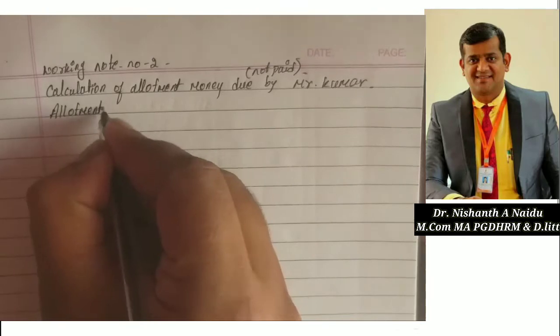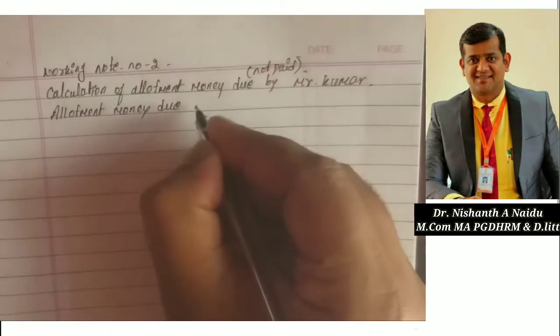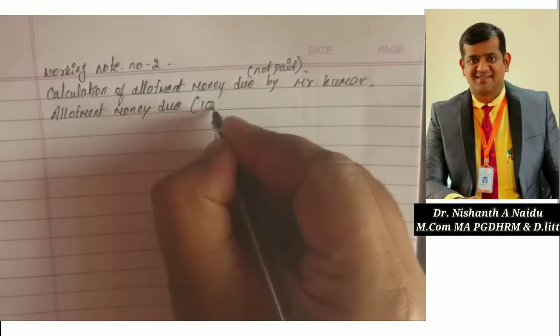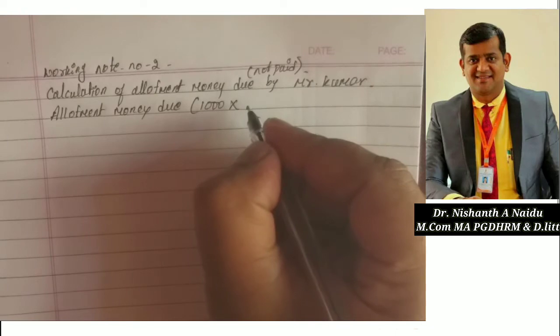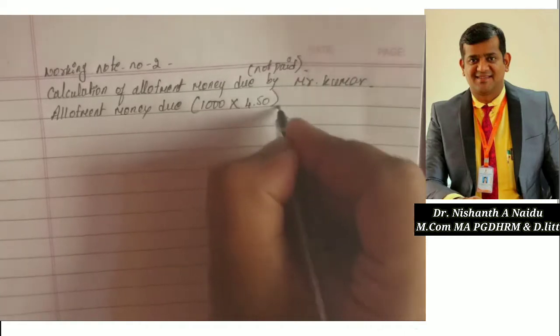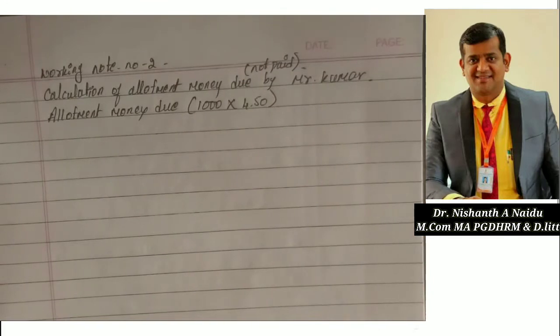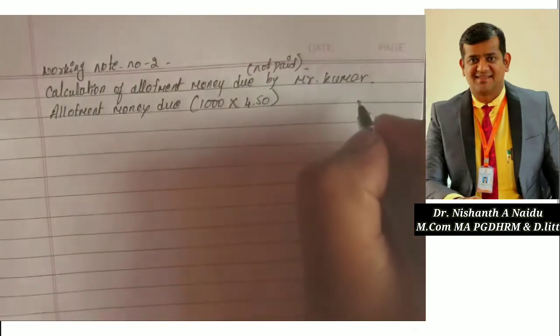Allotment money due. How many shares have we allotted to Mr. Kumar? 1000. So what is the allotment money due, which includes a premium of 4 rupees 50 paise? If you calculate 1000 into 4 rupees 50 paise, that comes to 4500 rupees.